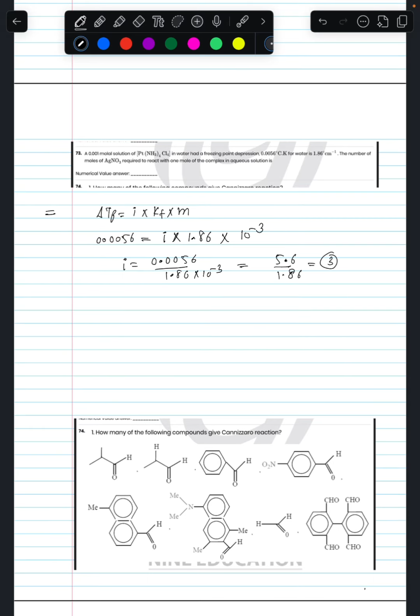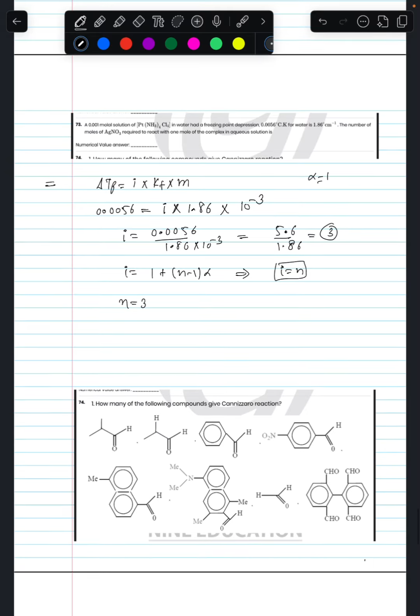Nothing is mentioned, so we consider the alpha value is 1, so dissociation is 1. i is equal to 1 plus (n minus 1) into alpha. Alpha value is 1, so i is equal to n. That means n value will be 3. So if n is 3, what is the formula of the complex? It means after breaking of this complex, 3 ions will be formed.